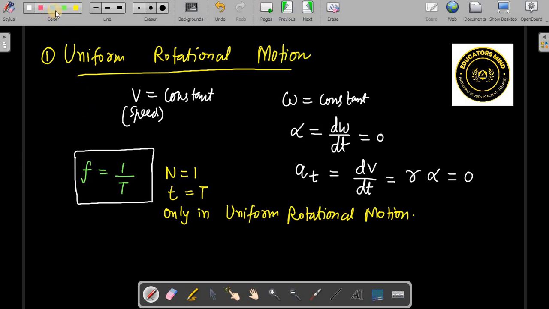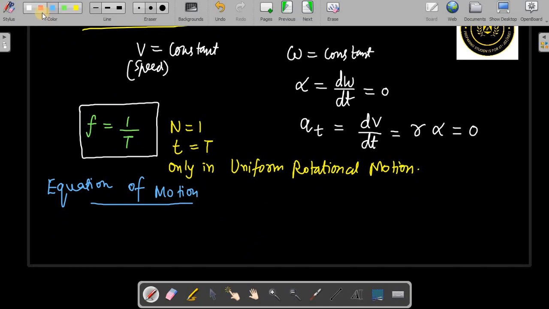Isn't it? So f equal to 1 by T is only for uniform rotational motion. Okay, and here the only equation that you are going to use, the equation of motion you say, right? Just like in linear motion, speed is equal to distance by time, same way here the only equation is angular speed is displacement, if you take theta as the displacement in time t, that's what we are going to use.